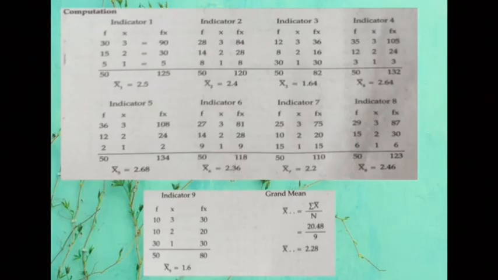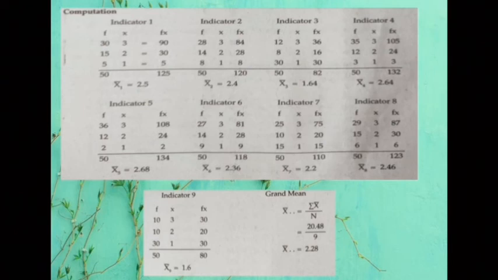So the computation: to get the weighted mean sub 1, or indicator 1, multiply the f and x, then add all the sum of fx, then divide by the total number of students.